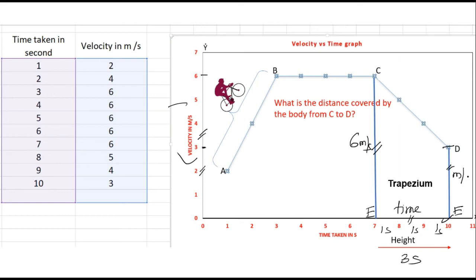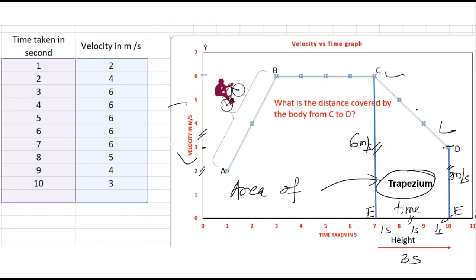Okay, and now in previous videos we have seen how the area of the trapezium is calculated by using the formula. So please refer to the same formula and find out how much is the total distance covered when the body is moving from C to D. This is the first question, right?